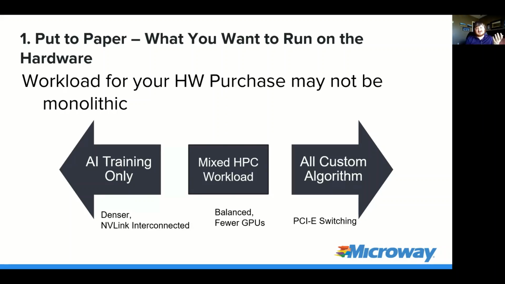You may have a mixed HPC workload, a diversity of things that are running on the hardware. Or on the far right-hand side, you may have a completely custom algorithm. Each one of these will necessitate a different hardware architecture. So just simply put to paper, what do you want to run on the system? That's actually going to be very useful for helping you guide the system hardware architecture.